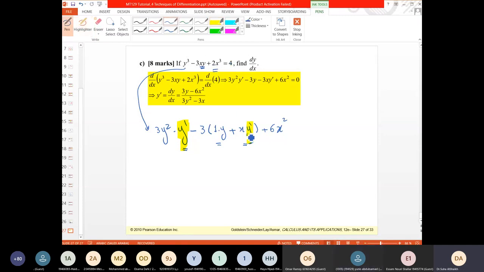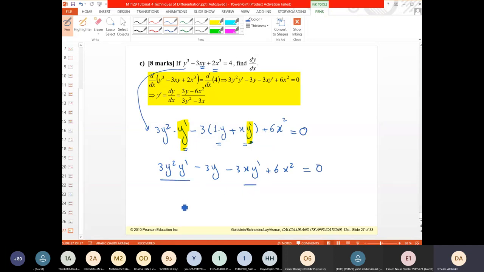The derivative of 2x cubed is 6x squared. The derivative of the 4 is 0. And the same thing, expand: y squared y dash minus 3y minus 3xy dash plus 6x squared equal to 0.